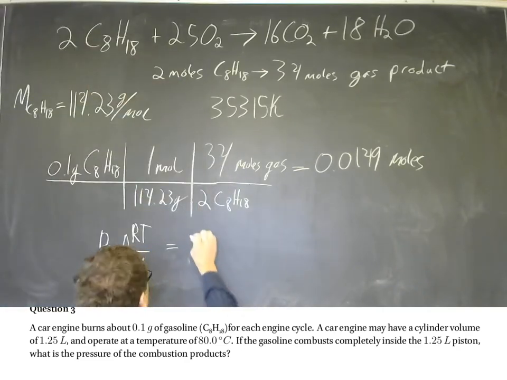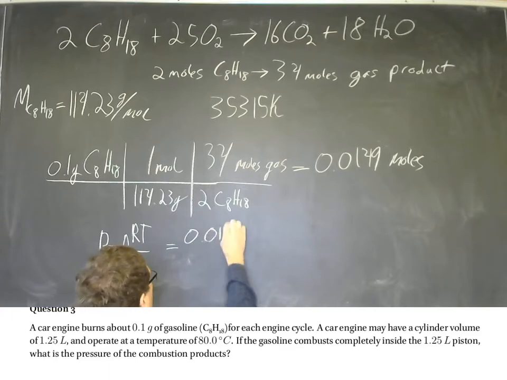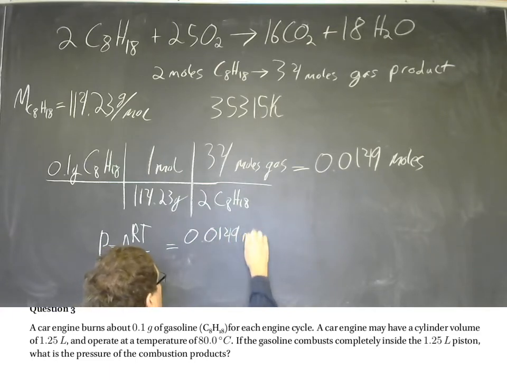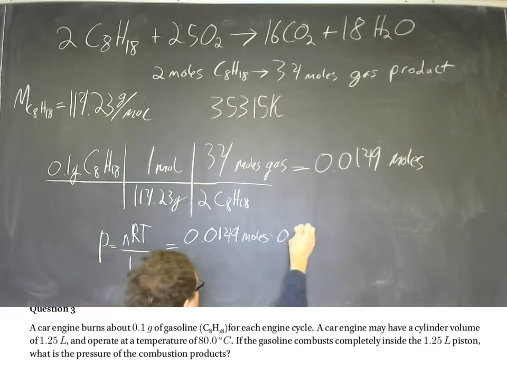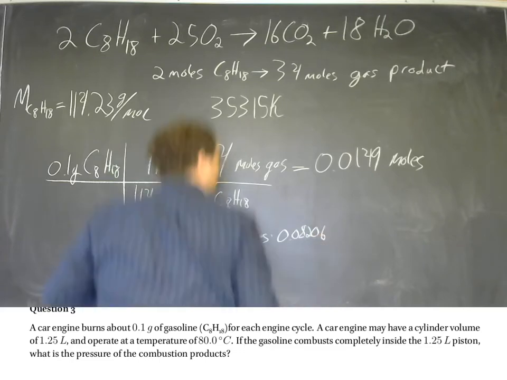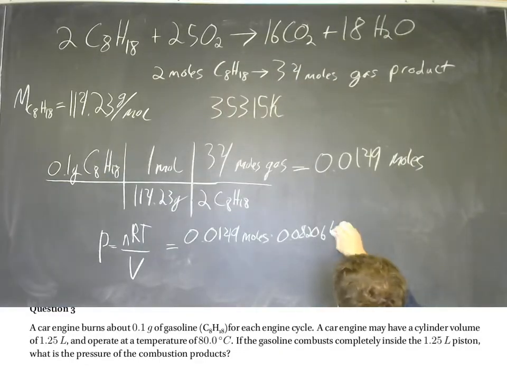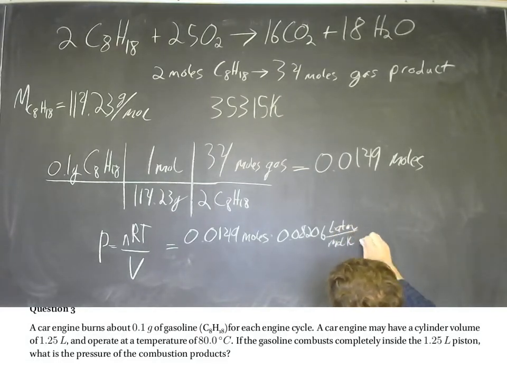Our number of moles, 0.0149 moles. Gas constant is 0.08206 liters atmospheres per mole Kelvin.